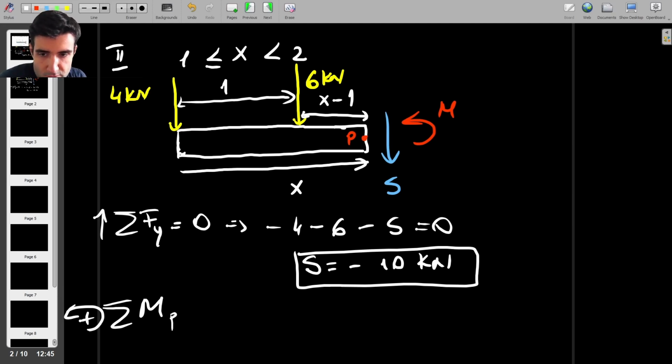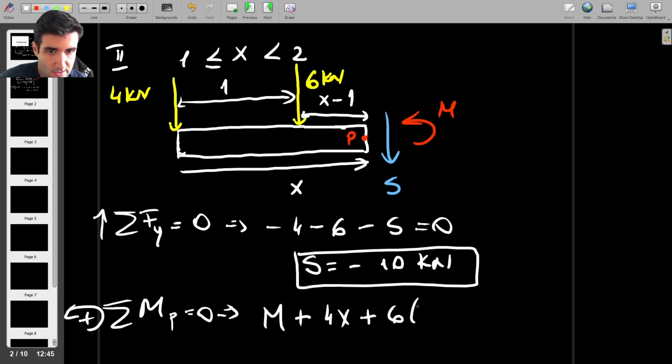So sum of moments about P is 0, which means that we have M. And then we have two other moments which are both counterclockwise. So we have plus 4 times x. So that's the moment due to the 4 kilonewtons. And then we have plus 6 times x minus 1.